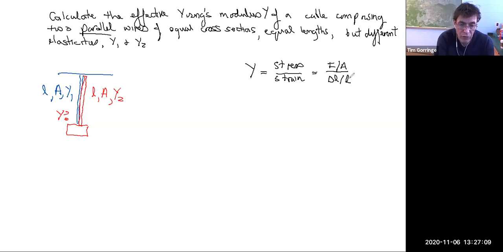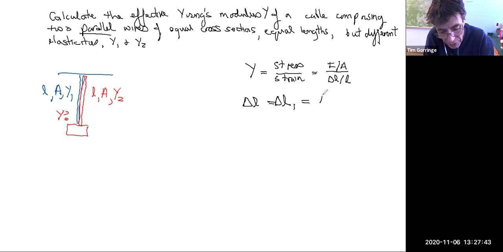I'm going to write down two formulas about the elongation of the cable and the forces that are creating the elongation. The first one is that in this parallel situation, where the two wires are next to one another, the elongation of the entire cable, delta L, is the same as the elongation of wire number 1 on the left and wire number 2 on the right.